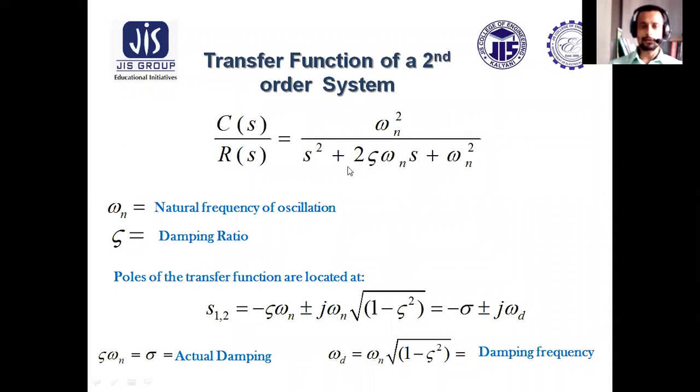Now, this is the overall transfer function which we got in the last slide, in which omega n is a new term known as the natural frequency of oscillation, or the undamped natural frequency of oscillation. Zeta is known as the damping ratio. What are these?